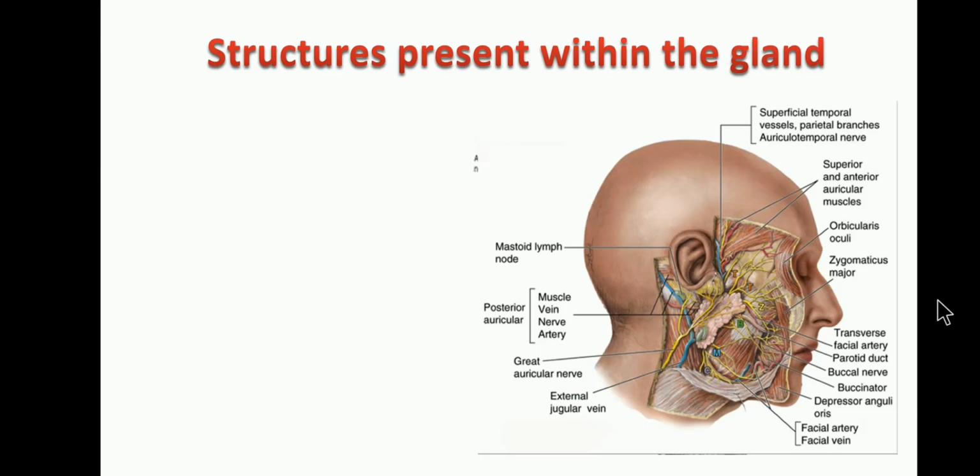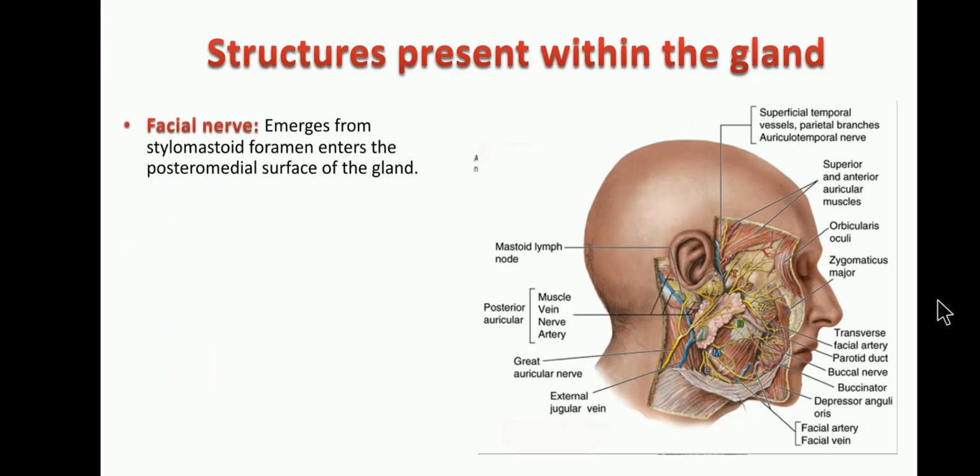So next, most importantly, are the structures present within the parotid gland. Mainly you come across, from superficial to deep, the facial nerve. Then intermediate is the retromandibular vein formation, and then in a deeper plane is the external carotid artery dividing into two terminal branches.